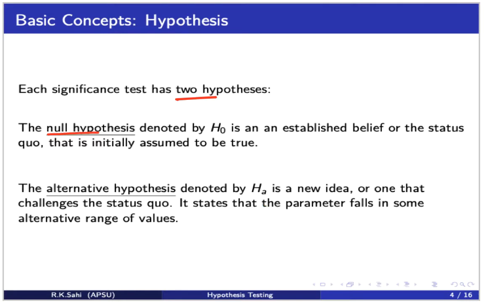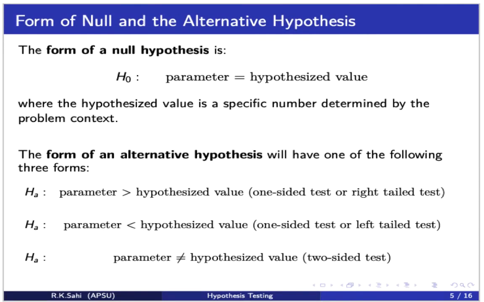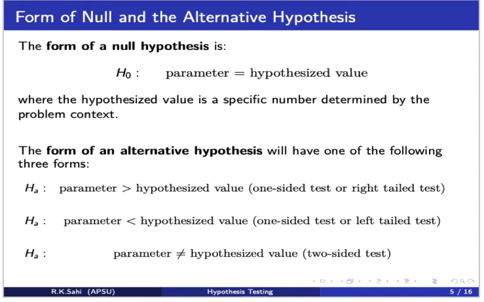The way we write the null and the alternative hypothesis. The form of null hypothesis is H0: parameter equals the hypothesized value. Remember, when we have a null hypothesis, we will have to have an equal sign, and the parameter is important. We work with parameters. That means we are working with population.